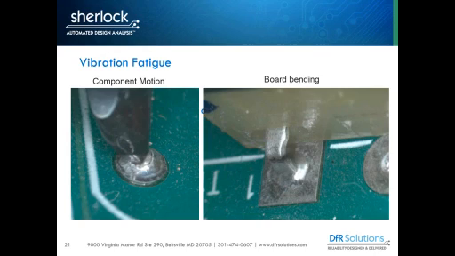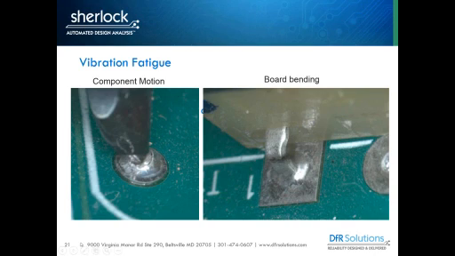Really, there are two types of things that we're looking at. For very tall components or components with large mass with compliant leads, you do have to look at component motion. Under certain cases, at high frequency, you may get the components exciting independently of the circuit board.